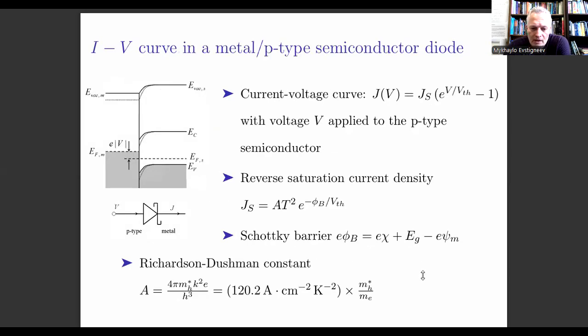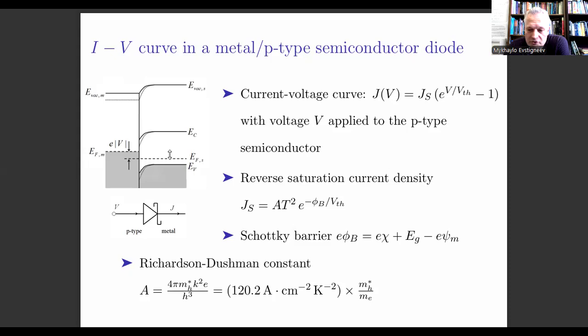Now, what changes when you are using a p-type semiconductor for your diode? In order for the p-type semiconductor metal junction to be used as a diode, you need the semiconductor work function to be higher than the metal work function, which means that the semiconductor must be doped much heavier than in the n-type semiconductor case, right?